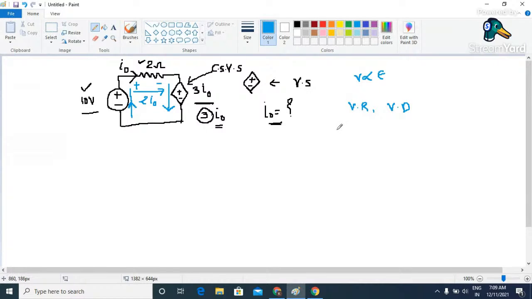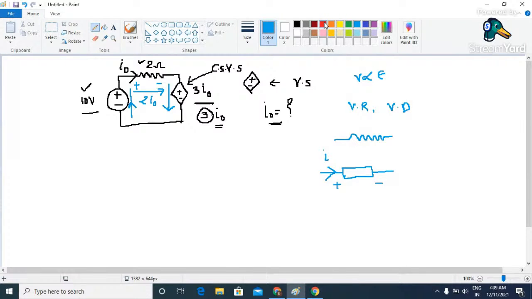In the last lecture, I told you that suppose we have an element, it may be a resistor, inductor, capacitor, or any kind of active element. For example, let me indicate that by a general symbol like this. Suppose the current is flowing through this element in this direction, say I. Current always flows from higher potential to lower potential, so this point is going to be plus and this point is going to be minus.